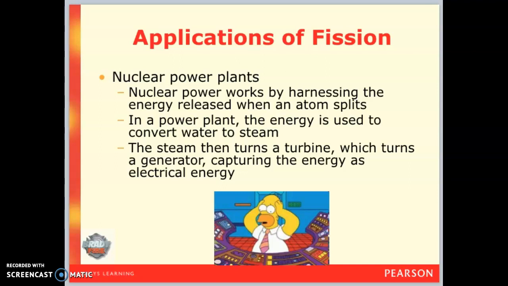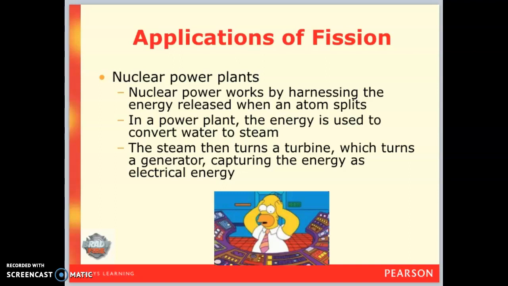The way that it gets harnessed is the abundant heat that is created through the nuclear reaction gets trapped. We trap that heat, we turn that heat into usable energy by using it to heat water. The water turns into steam. The steam can then turn a turbine. The turbine then turns a generator. And that captures the electrical energy until it is needed.